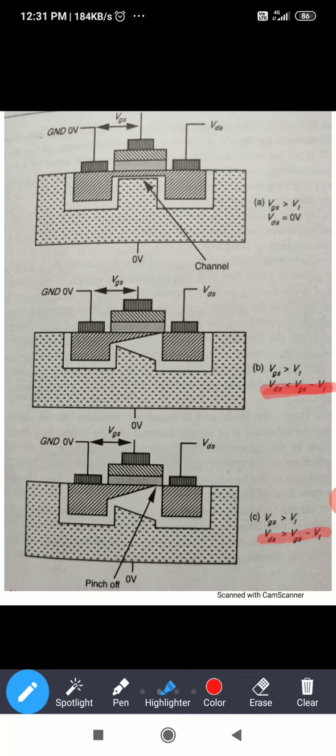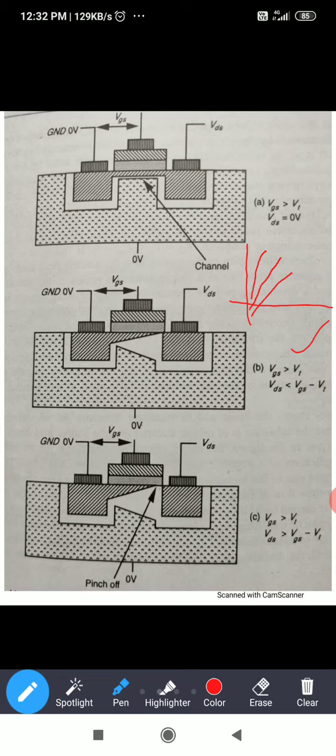But when VGS greater than VT and VDS less than VGS minus VT, that is the linear region or ohmic region. Here the current linearly increases like this, and linearly increases for different gate to source voltages.